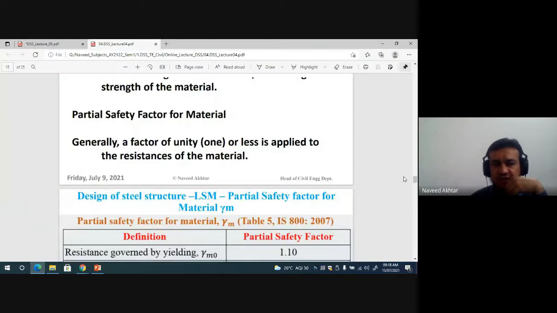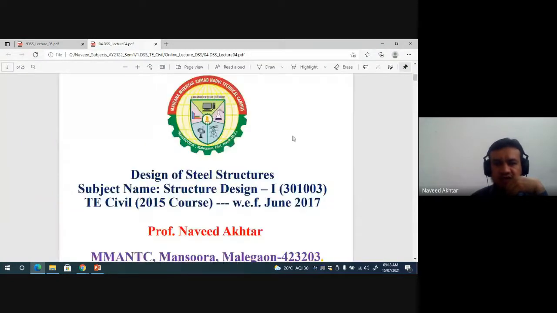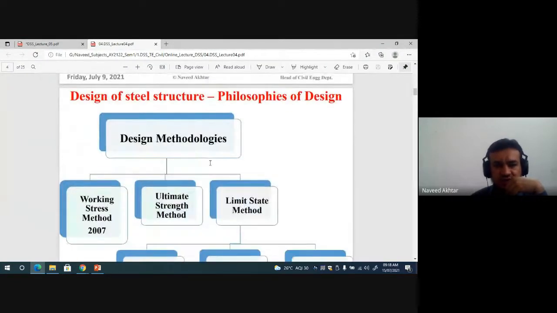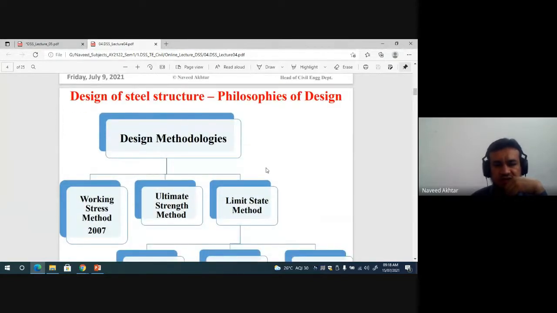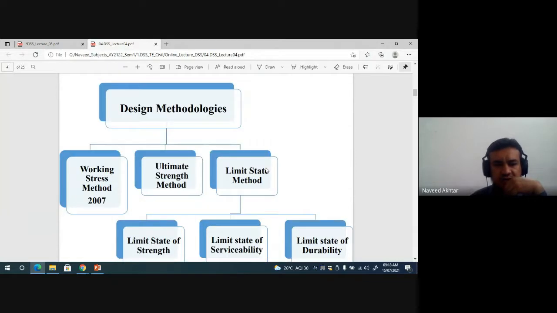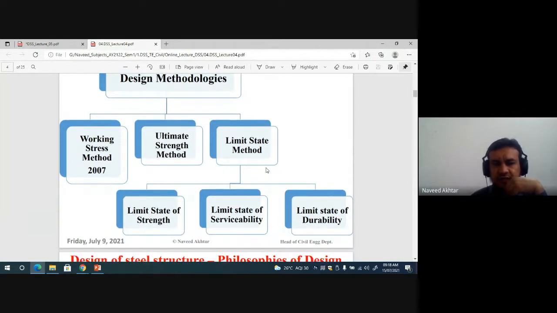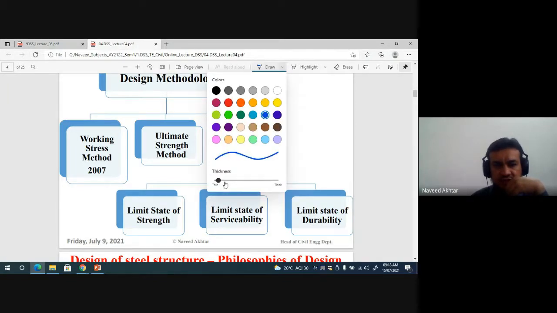So in the previous lecture, I'm talking about the previous class. I will just go through it in a minute: we have seen the design methodology. There are three types of methods of design, and nowadays we are going for only the limit state method of design.